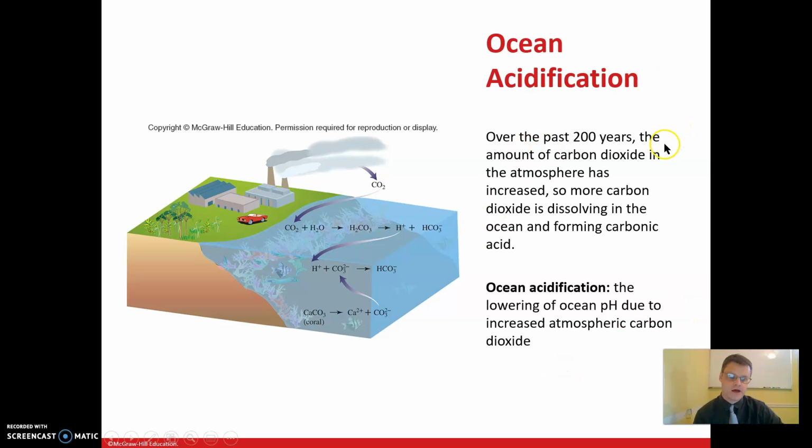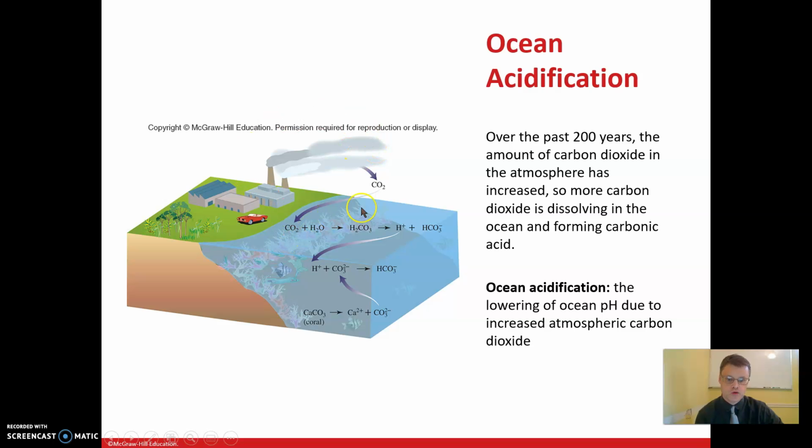Over the past couple centuries, the amount of carbon dioxide in the atmosphere has increased, and that's dissolving in the ocean and forming carbonic acid. That leads to ocean acidification. So what's going on here is CO2 is in equilibrium between the atmosphere and the ocean.